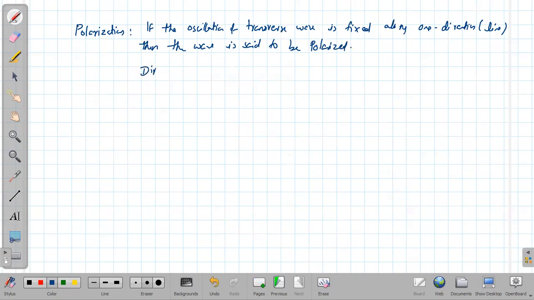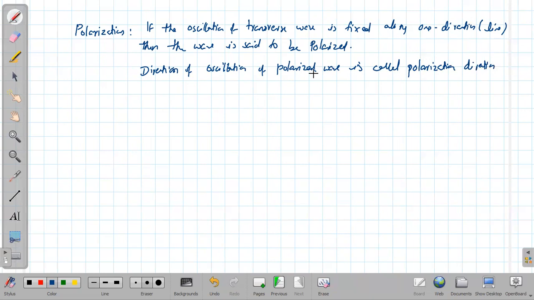The direction of oscillation of a polarized wave is called the polarization direction, or the polarization vector.